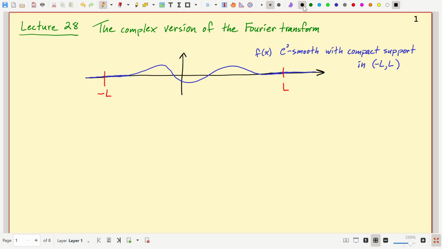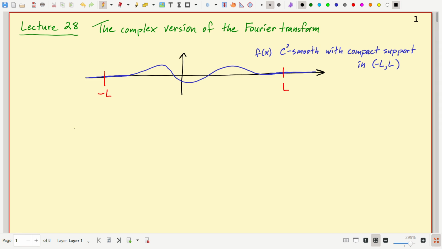So the function I'm looking at is C2 smooth, and it's going to be 0 outside some big symmetric interval. The idea of getting the Fourier transform is to get the Fourier series on a bigger and bigger interval from minus L to plus L.